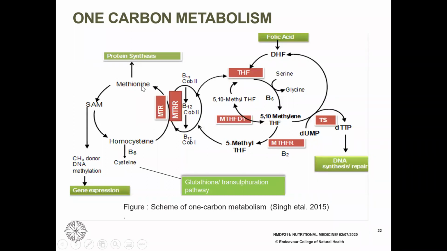When we are making methionine to SAMe, we make it as an intermediary compound, but it does not have to stay there long. Either it can be converted back to methionine in the presence of MTR, or it can be converted to cysteine in the presence of B6.